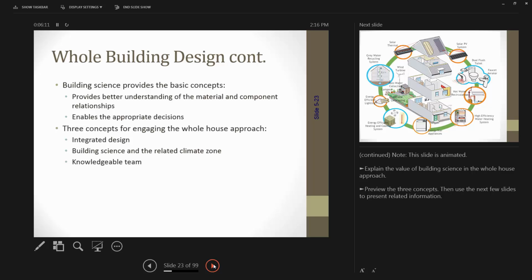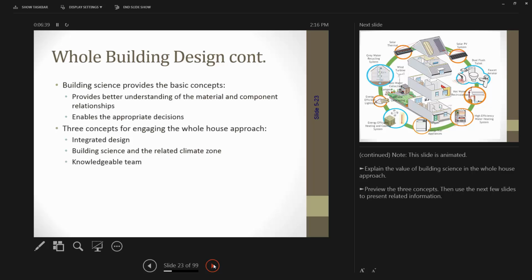Having a knowledgeable team working together with an understanding of building science is how you get that whole building efficiency. It's really beyond the realm of any one person to understand and design the building envelope, the mechanical system, all the electrical and lighting systems and efficiencies, and the hot water delivery.